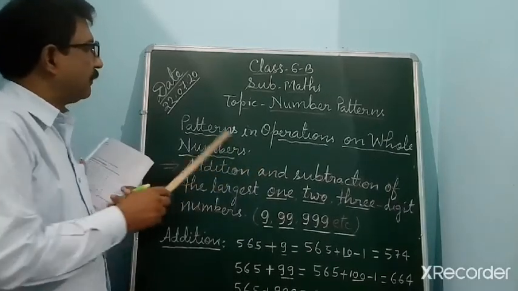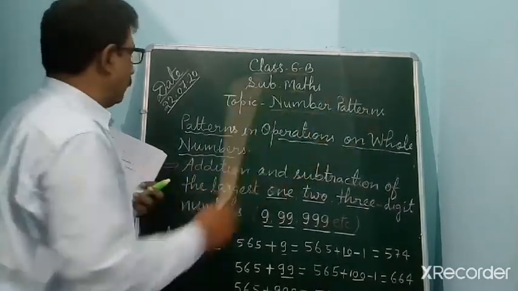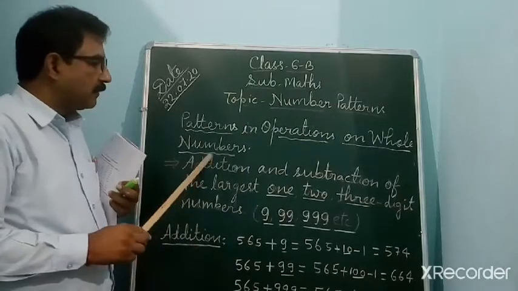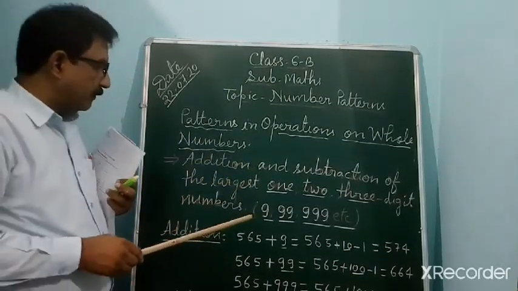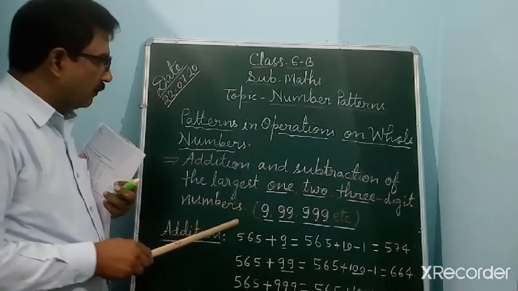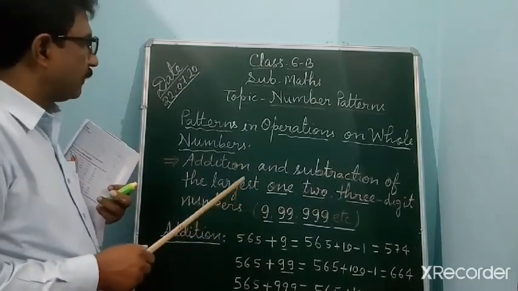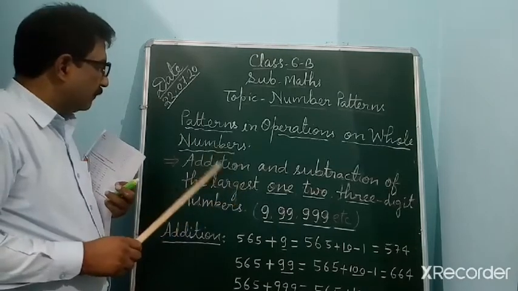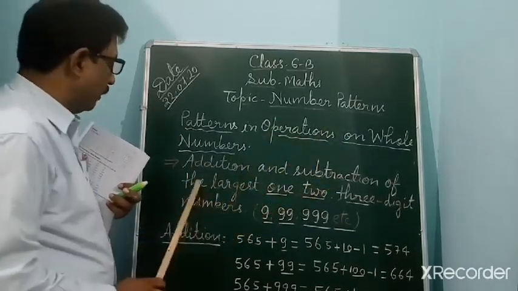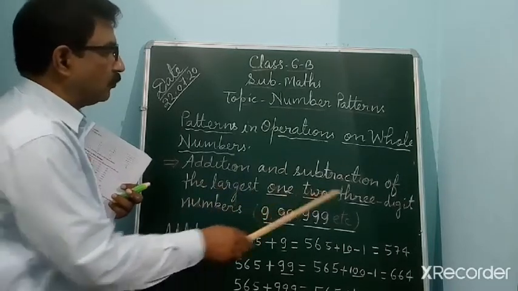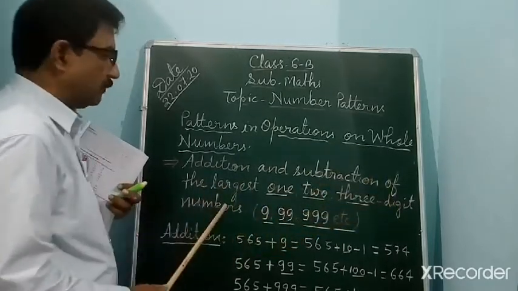Next, patterns in operations on whole numbers, means the sets of numbers you can get by sum activities. You can do different types of operations like addition and subtraction with the largest 1, 2, 3 digit numbers.